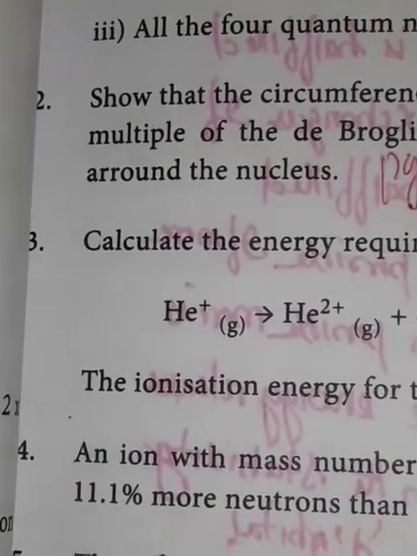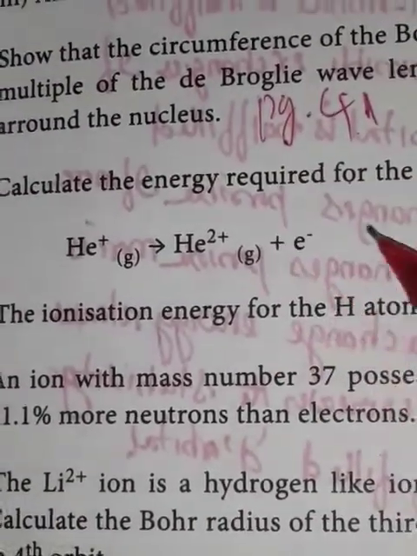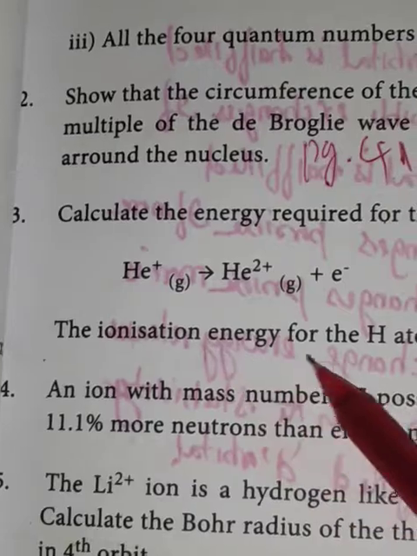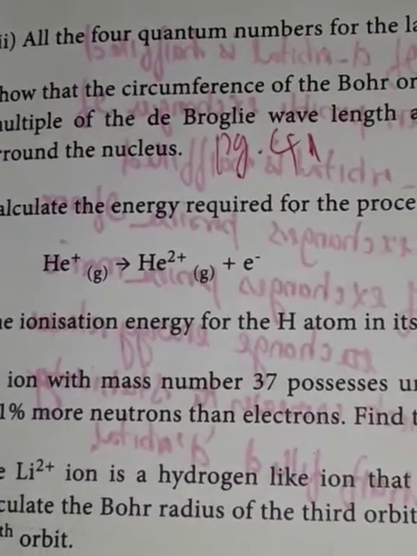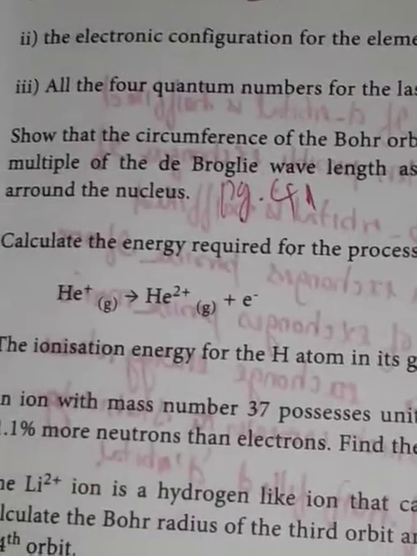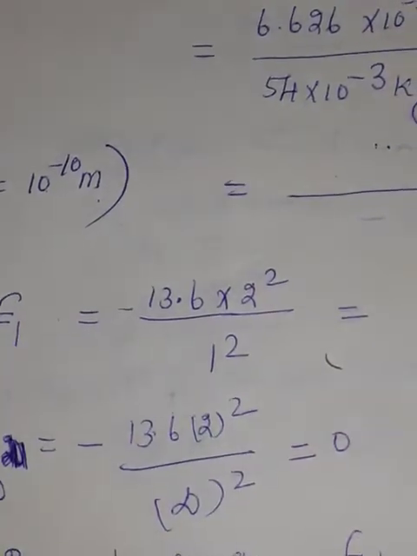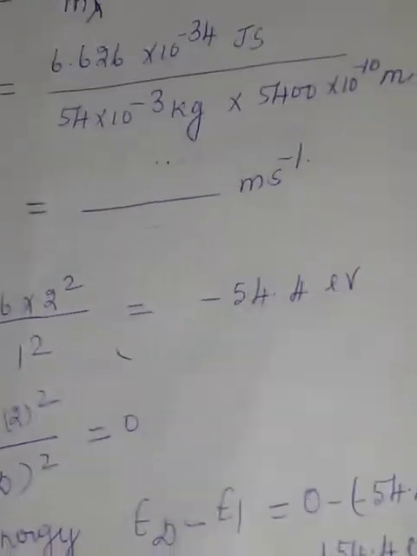Then next, question number 43. Calculate the energy required for the process He+ giving He2+ plus electron. The ionization energy for the hydrogen atom in its ground state is minus 13.6 electron volt per atom. E1, n square value is 1 square.